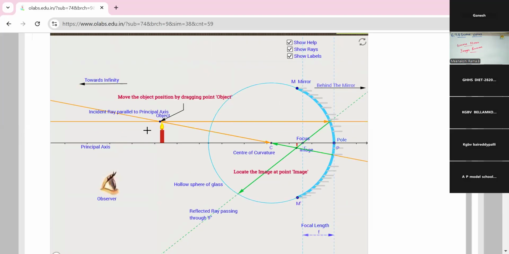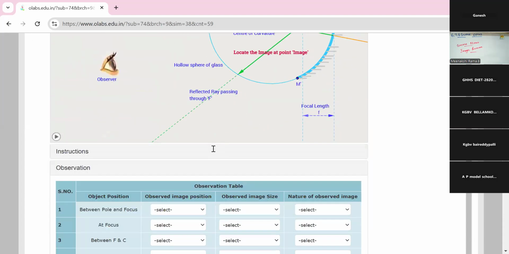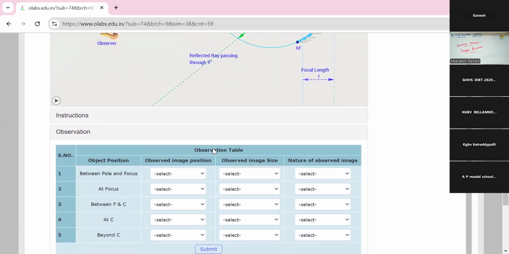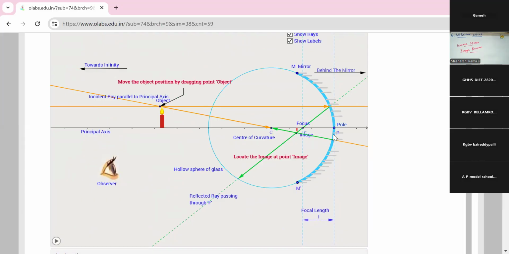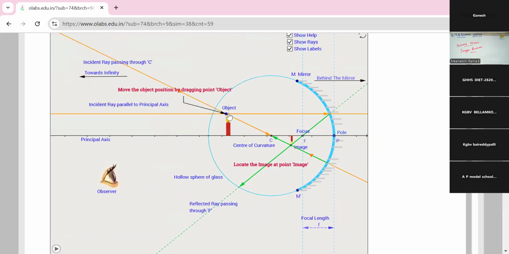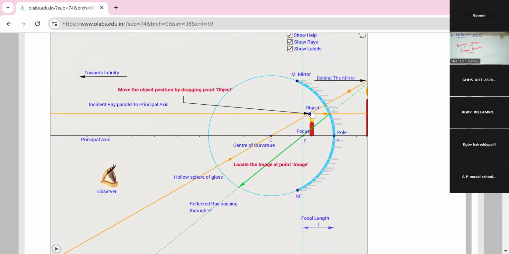The object is a candle. First position is between pole and focus. This is the pole point, this is the focus point. So we are going to move the object between pole and focus.